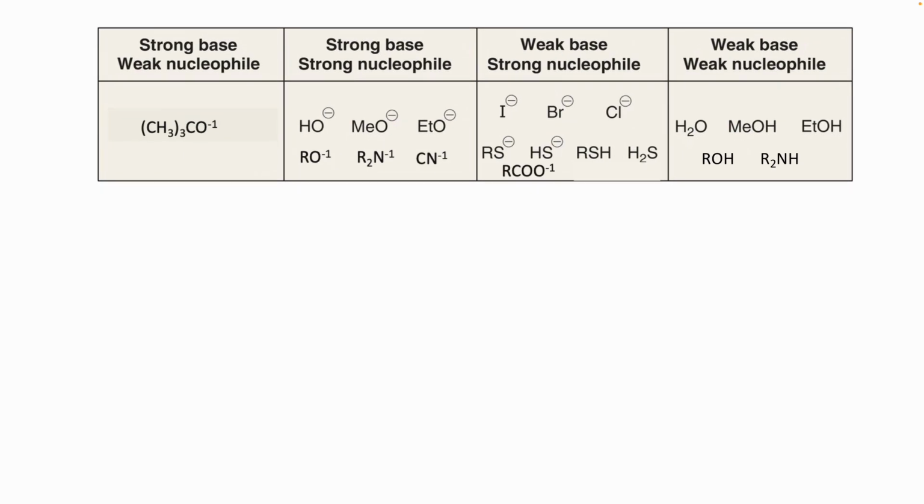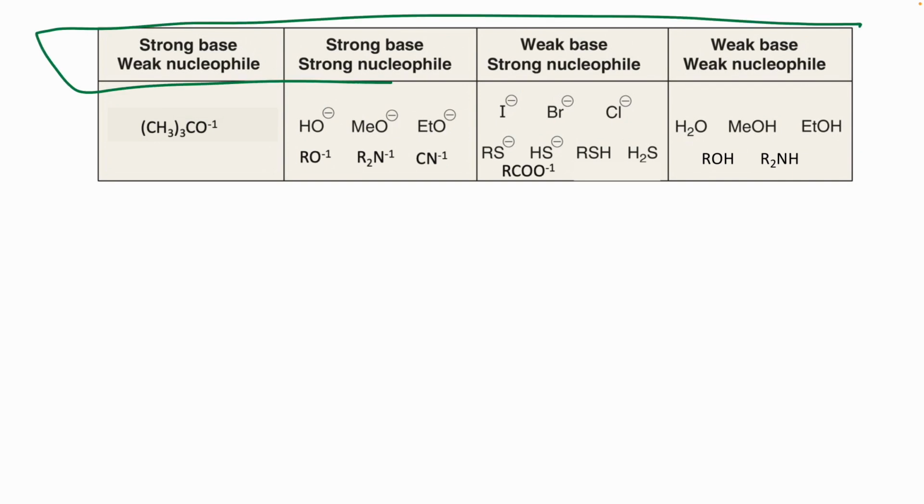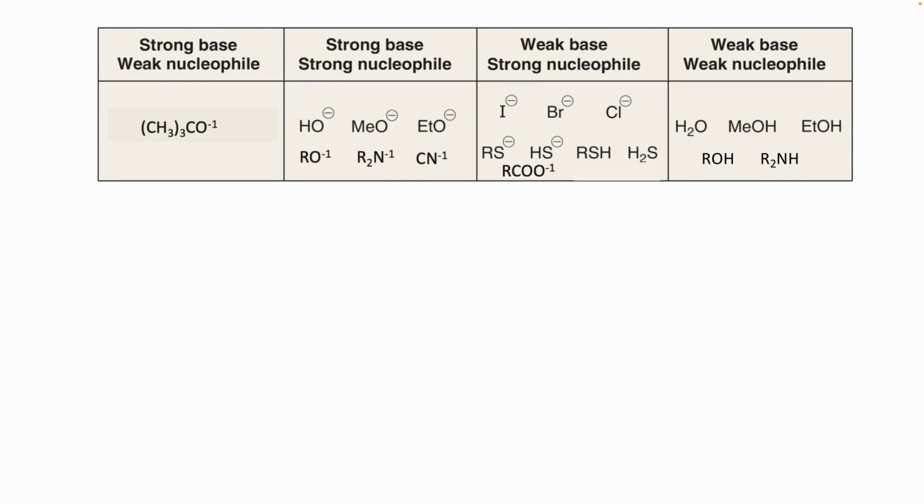Really importantly, what I want you to have in your notes for sure, because we're going to build off of it, are these headers here. So what we can see is we have these 4 categories that we've divided these molecules into. We have our molecules that are strong bases but weak nucleophiles. We have our molecules that are good at both, strong bases and strong nucleophiles.